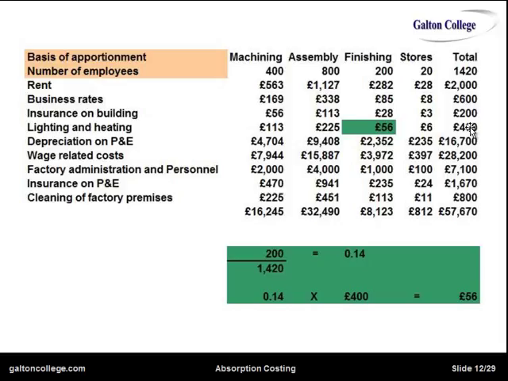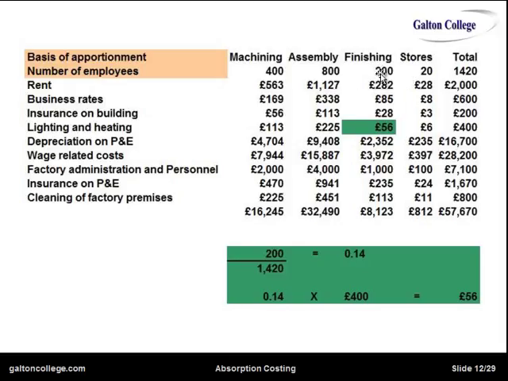We know that the total overhead here is 400. And we know that there are 1,420 employees. So for the finishing department, the finishing department has got 200 employees. The stores has got 20, assembly's got 800, and so on.